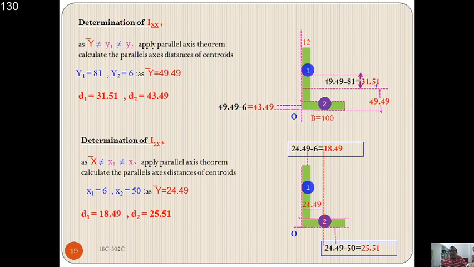In this figure it is already mentioned to subtract and get the values. I used the same values to get the d1 and d2 values for the Ixx and Iyy. The same applies for the Iyy case also; we solve the values for d1 and d2.